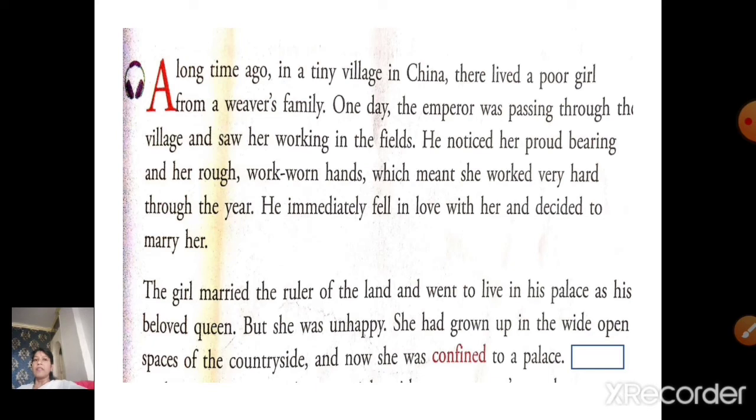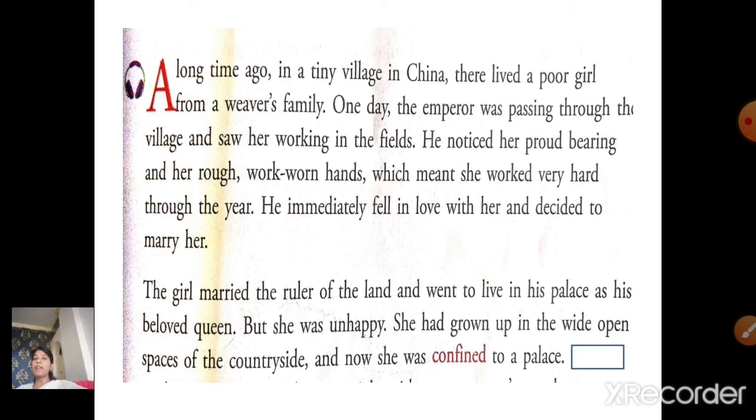Now children, I will be reading this part of the lesson 2 times. You will pay attention when I am reading, and the third time you will read after me. A long time ago, in a tiny village in China, there lived a poor girl from a weaver's family. One day, the emperor was passing through the village and saw her working in the fields. He noticed her proud bearing and her rough, work-worn hands, which meant she worked very hard through the year.